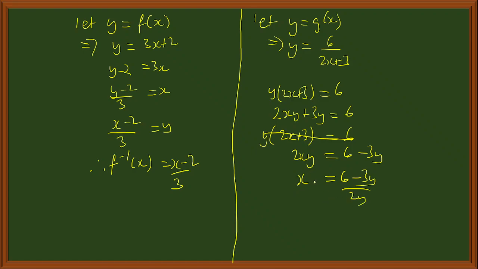Again, you have to change the letters x and y, x becoming y and y becoming x. The expression that you get is the inverse of g. So these are the two inverses, the inverse of f of x and the inverse of g of x.